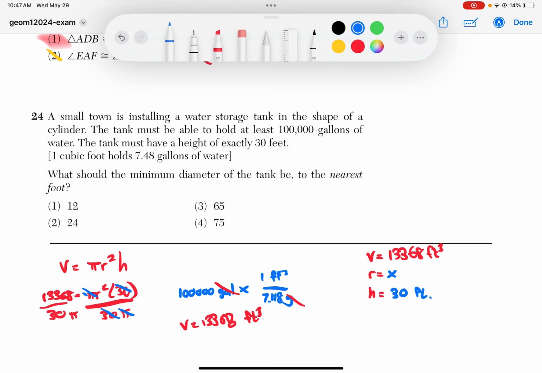So we're going to have 141.8 equals r squared. And, of course, I just need to take a square root of both sides to get a radius of 11.9. So the radius is 11.9, which we can just round up to 12. Then the diameter must be double that, which is 24 feet. This has got to be 2. It's got to be 2.